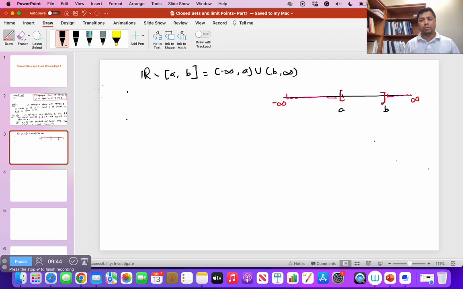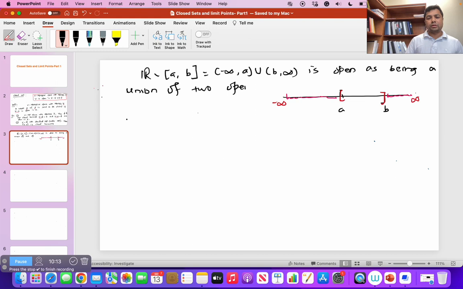And we know that in a topological space, arbitrary unions of open sets, or arbitrary unions of open intervals, are open. So the complement of this interval is a union of two open intervals, negative infinity to a and b to positive infinity, and so it is open.